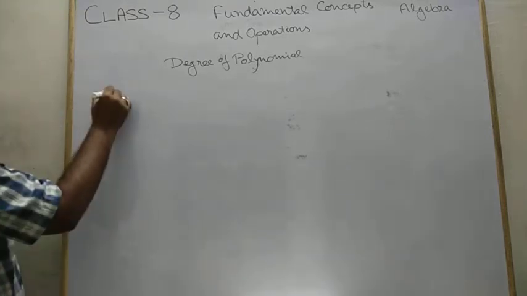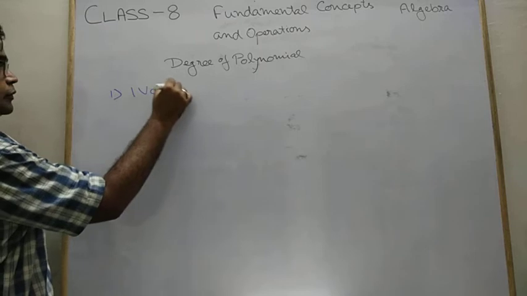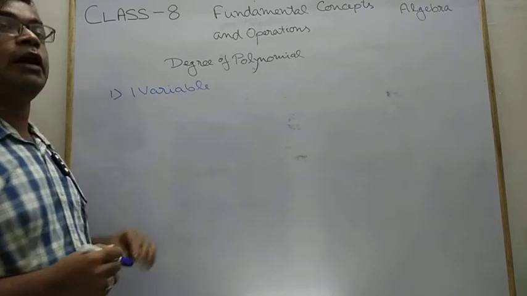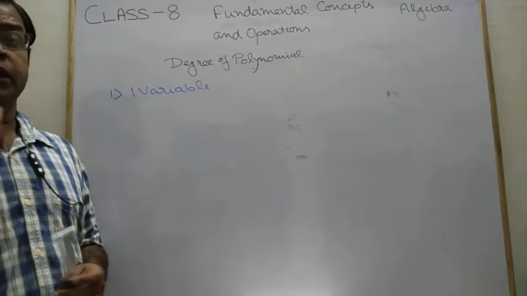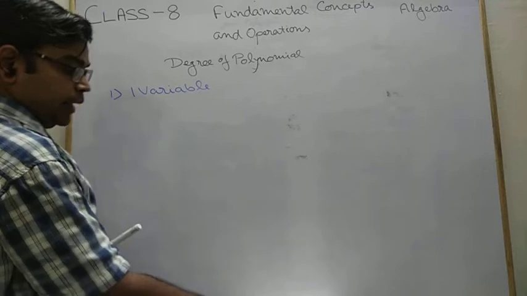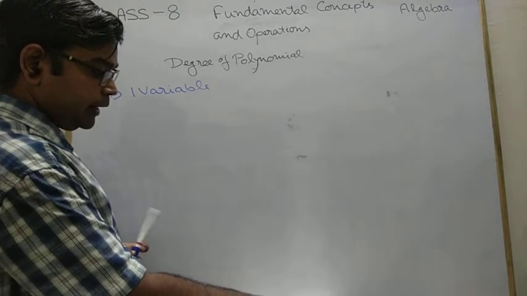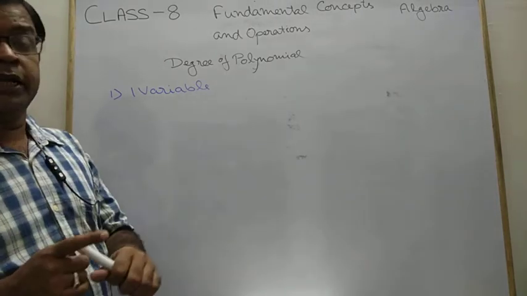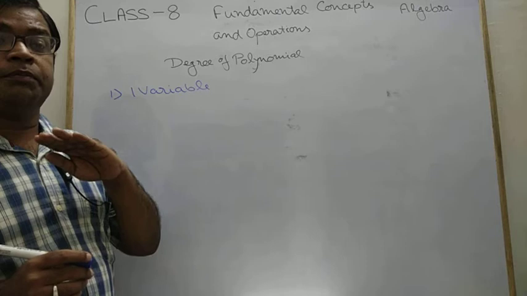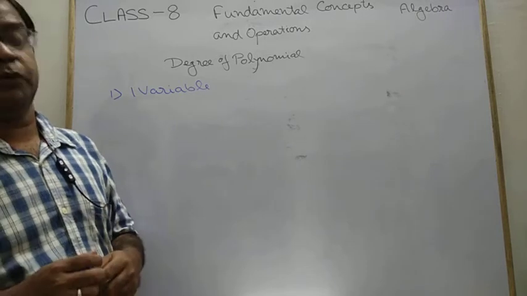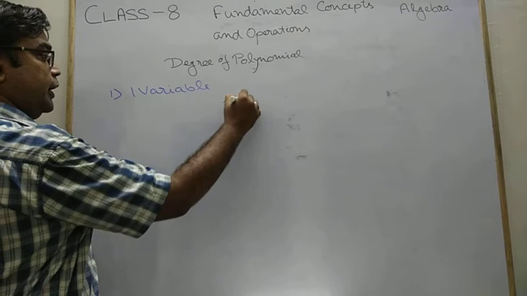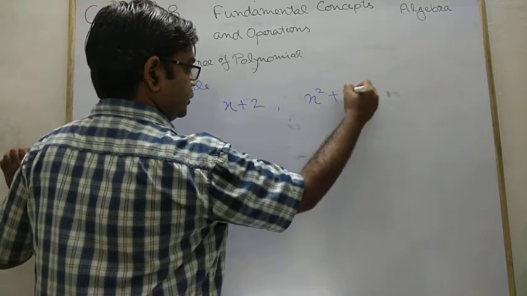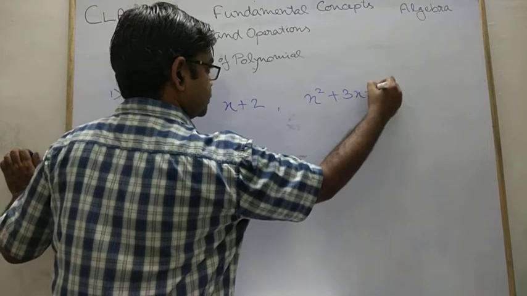First, if we have only one variable, notice how we find the degree. We find the highest power in the expression, but the degree must be positive. In the book it says that in one variable, the highest power of the variable is called the degree of the polynomial, and in a polynomial all the exponents of the variable are positive. Suppose it is x plus 2, or x square plus 3x plus 2.